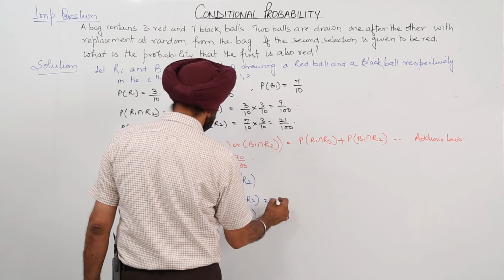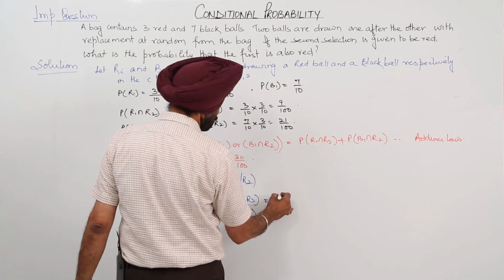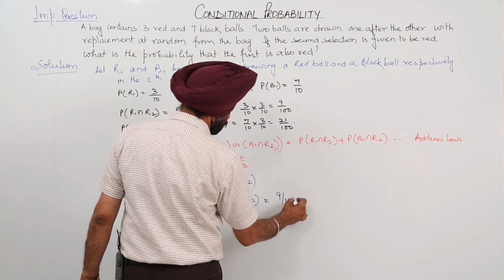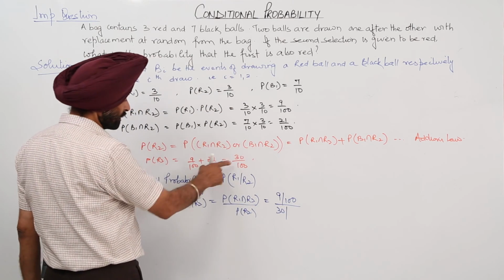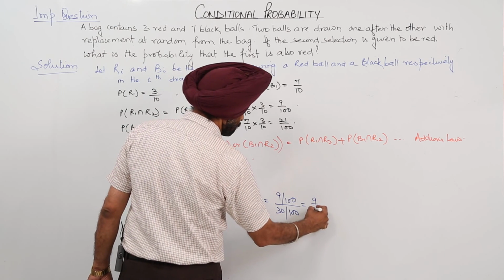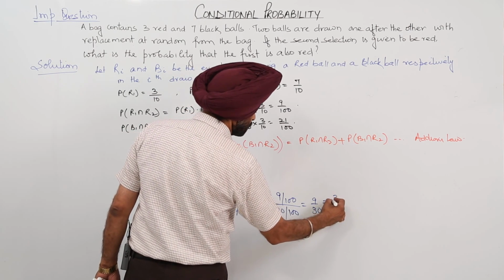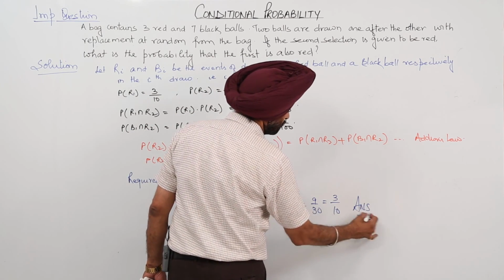So this becomes, R1 and R2, 9 upon 100, upon R2 we are getting 30 upon 100. 9 upon 30, or this is equal to 3 upon 10, and this is the answer.